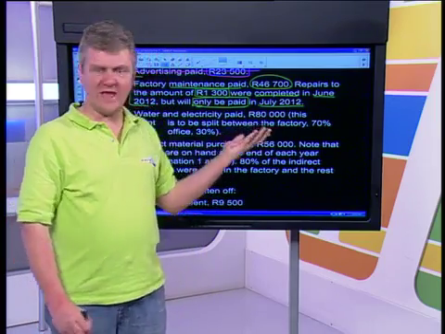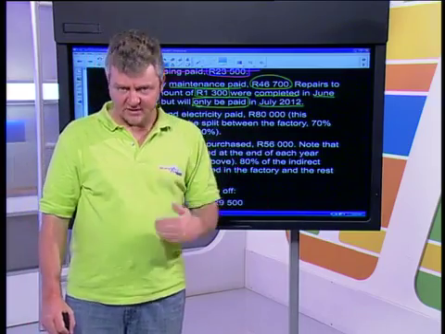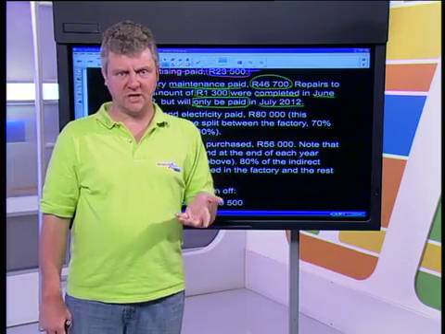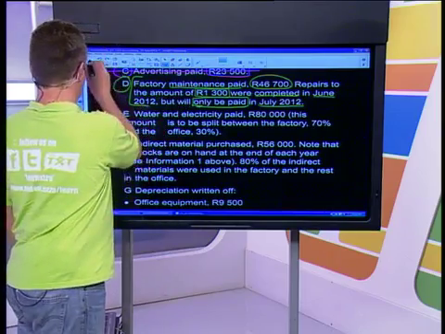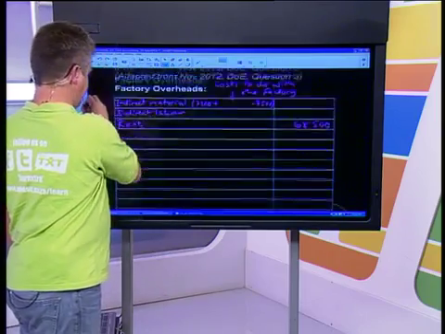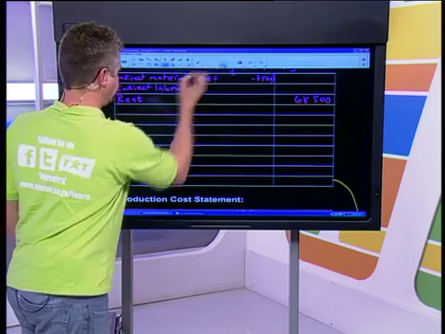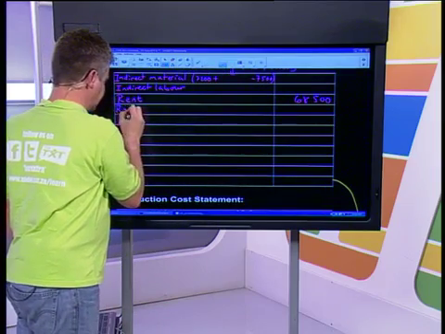The machine broke down in June, so it was a cost in this year's production cost statement, not in next year's. So if we want to show repairs and maintenance in our production cost statement, let's show it as our next item. We need to include repairs and maintenance.